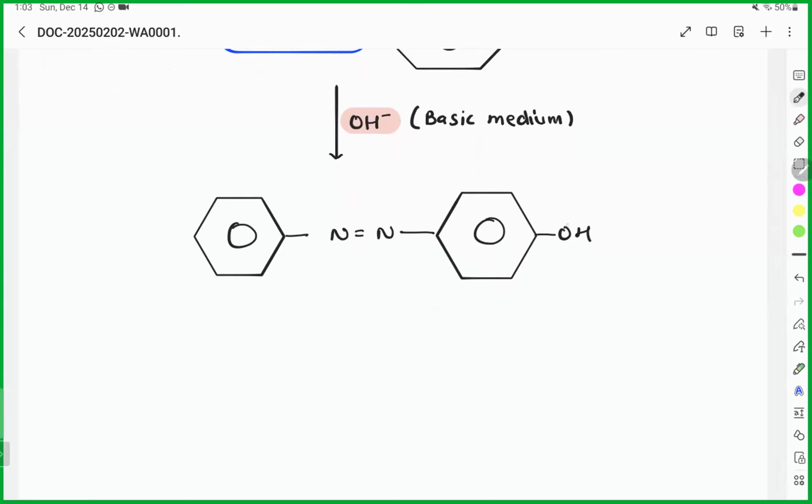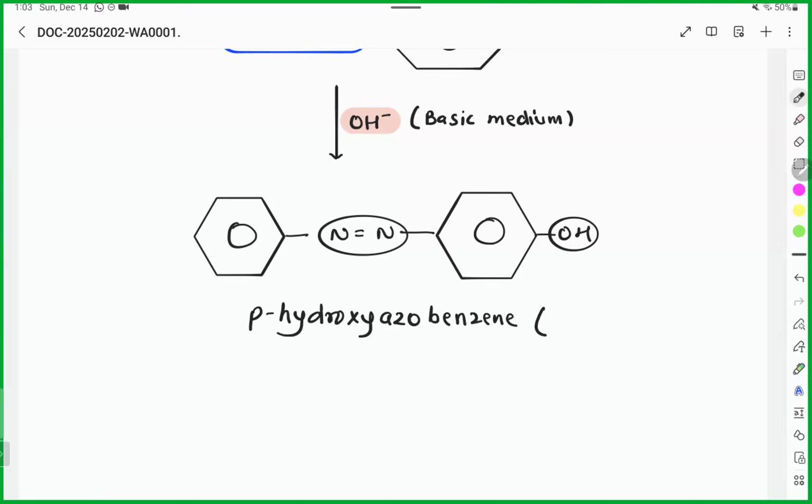What is the name? At para position, you have hydroxy group, and overall it is azo, and then you have benzene. So it will be para hydroxy azobenzene. Azo means N2 and benzene. What will be the color of this? Orange.